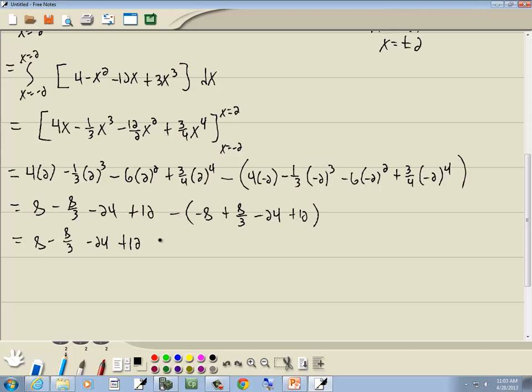Minus flips the sign of everything, so it becomes a plus 8 minus 8/3 plus 24 minus 12.